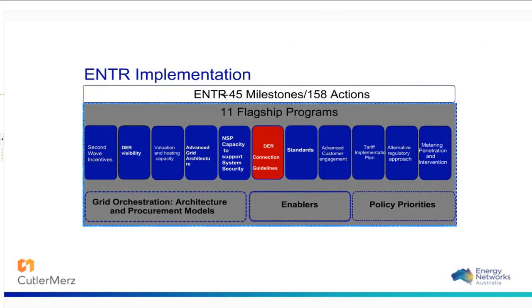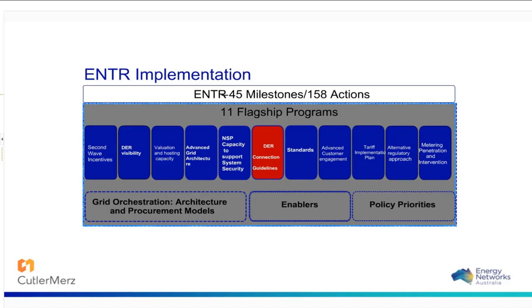So that ended up becoming one of the key milestones and one of the key actions that came out of the roadmap. After the completion and publication of the roadmap earlier this year, it was identified as one of the key flagship programs that we wanted to run as a priority for the industry to take forward.